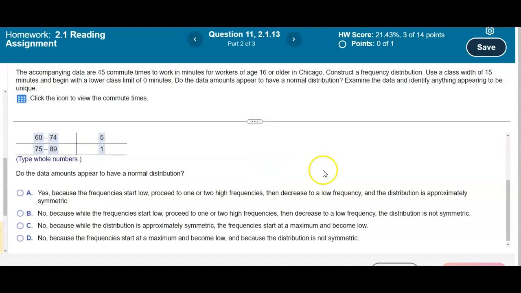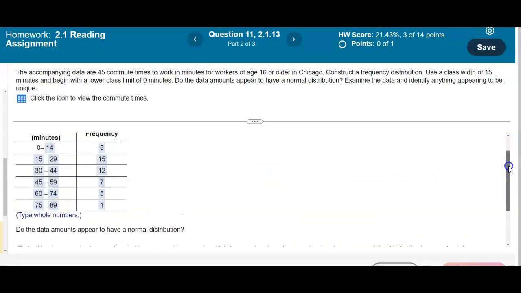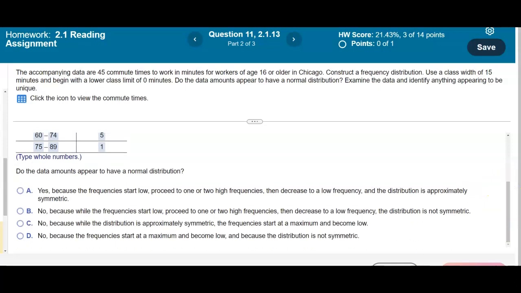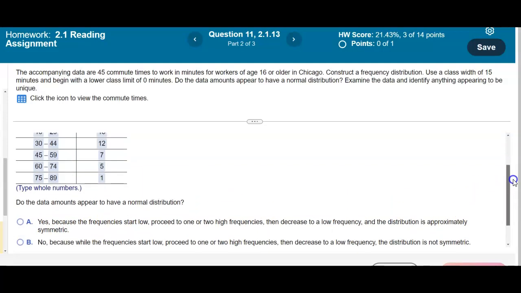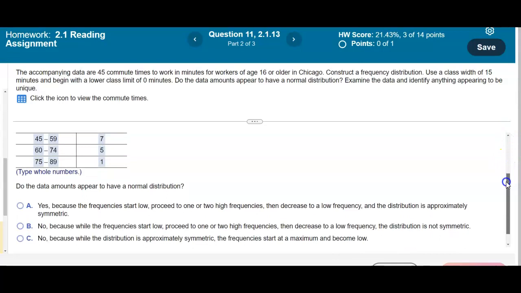Now the next question says, does the data appear to have a normal distribution? That means, does it start small, increase, and then decrease according to our amounts? So do we say yes because the frequencies start low, proceed to 1 or 2 high frequencies, then decrease to a low frequency, and the distribution is approximately symmetric?